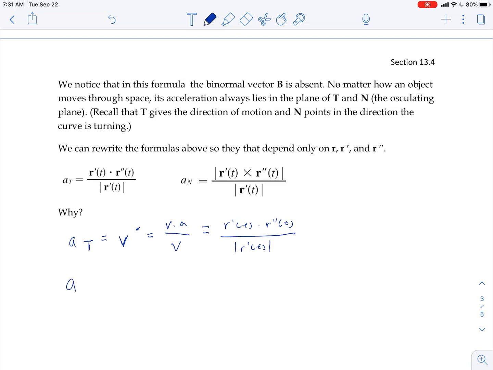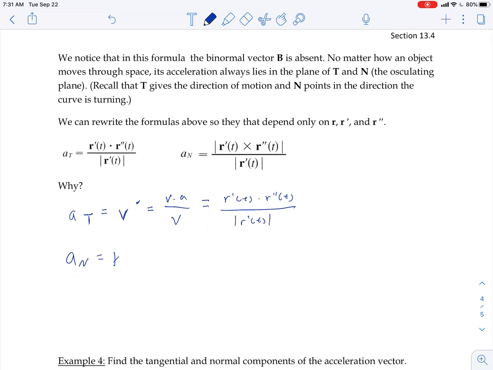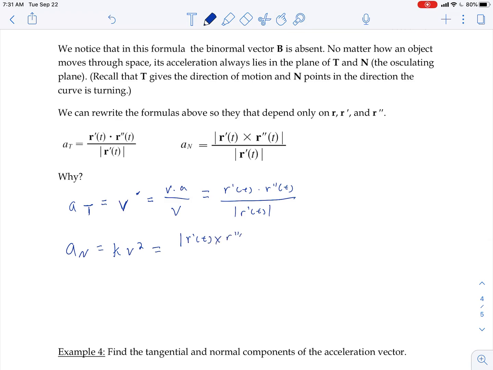And now the normal component, a sub n, that was equal to the curvature times our speed squared, which is equal to, now if you recall from yesterday, last class, the curvature we could write as the magnitude of the cross product of r prime of t and r double prime of t over the magnitude of r prime of t cubed.